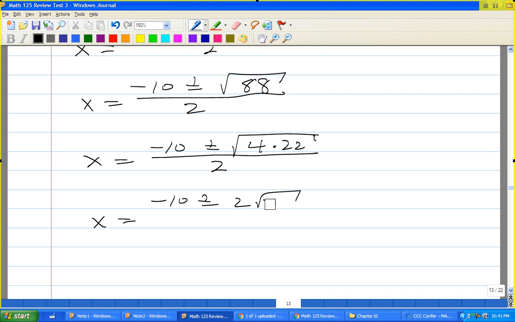Okay. So these are the two solutions to your equation. You could factor out a 2.